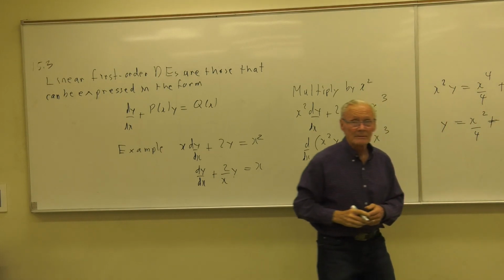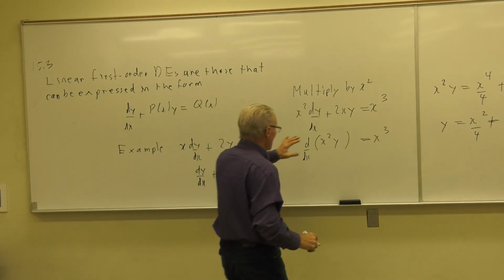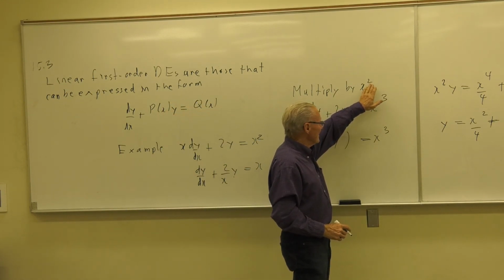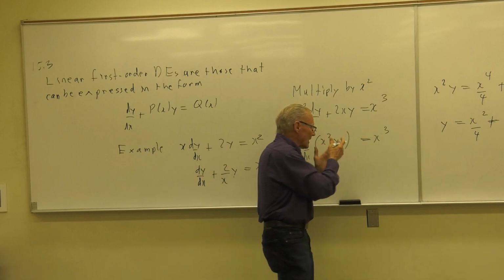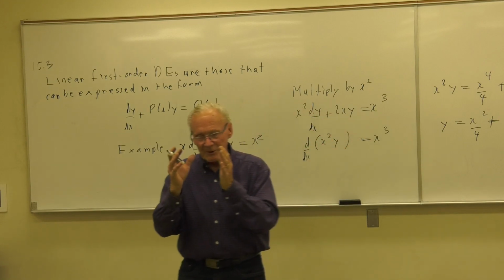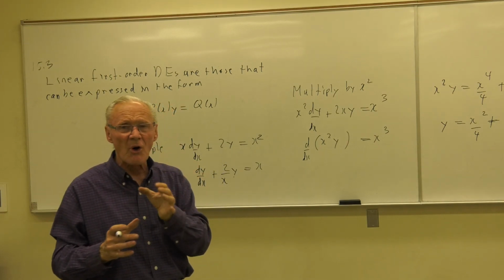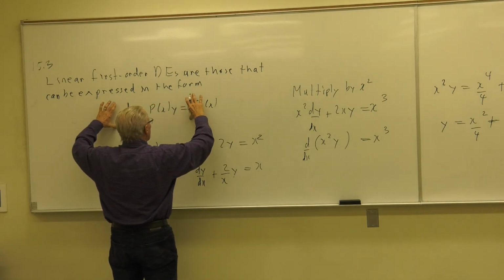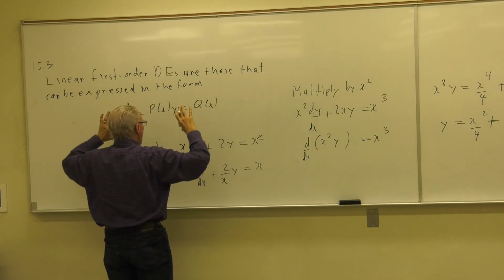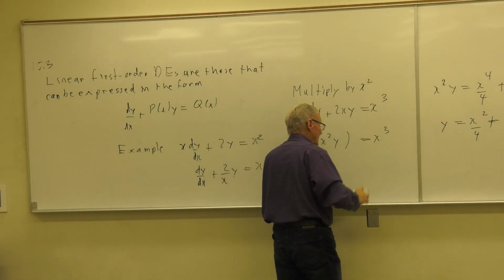And we did it. So for that example, the key was discovering what I could multiply this thing by so that the left-hand side would collapse to the derivative of a product. And that's how we solve every linear first order equation. All I have to do is show you how to get that guy.